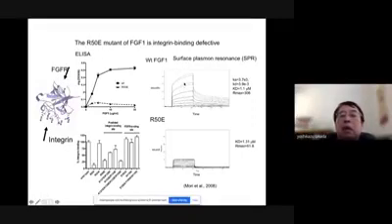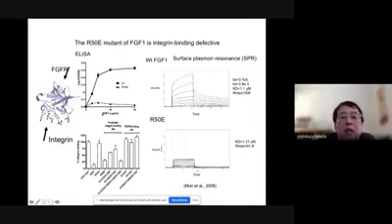Okay, so maybe you know already. So the KD of the integrin-FGF1 interaction is about 1 micromolar. Is that a reasonable affinity for an integrin ligand? This is a mutant. The mutant is very defective in binding. So we found this R50E mutant is very defective.